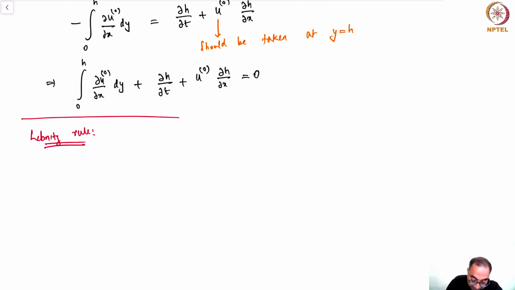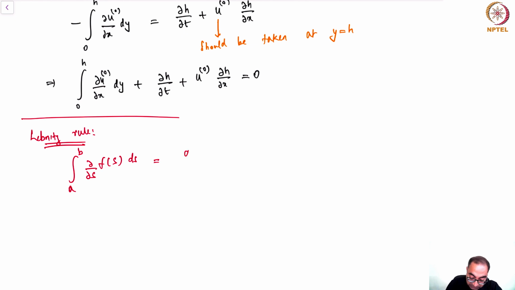Let's say we have an arbitrary integration going from a to b, with respect to some dummy variable s, of some function f of s comma t, ds.